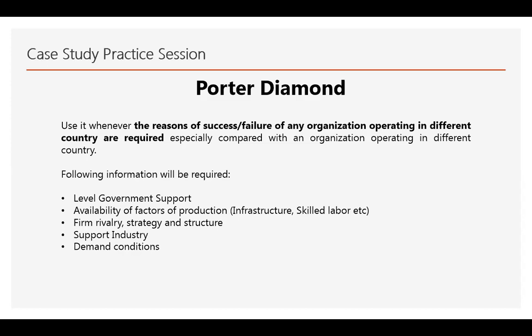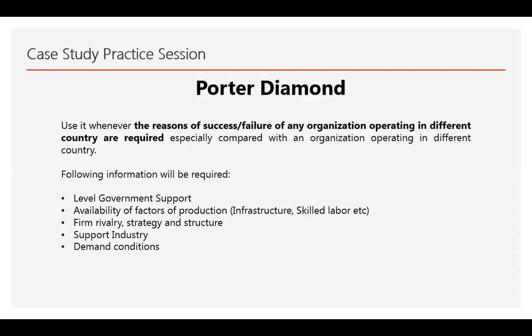So factors of production also include skilled labor. For example, if you are running a hospital, definitely you will be looking for doctors. And if in that country they're facing problems in getting doctors from the universities, there will be problems with that organization. So they'll have to hire doctors from outside the country, which will be costly, and that will affect the performance.